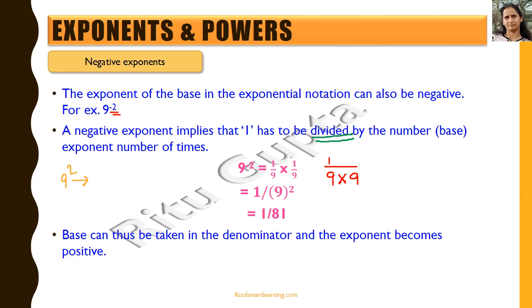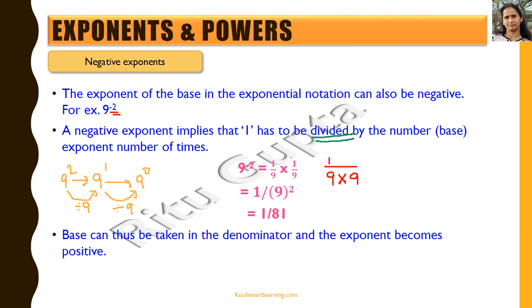And if we keep reducing the exponent and change it to 9 raised to the power 1, the number is divided by 9, so that becomes 9 raised to the power 1. So if we keep reducing the exponent by 1, we keep dividing the number by the base one time, because we are decreasing the value of the exponent by 1 every time.